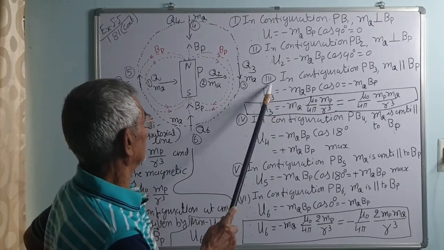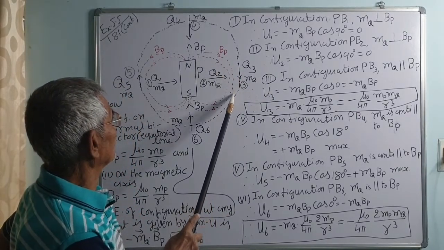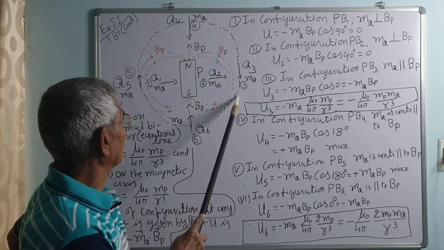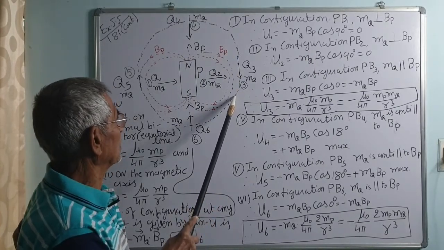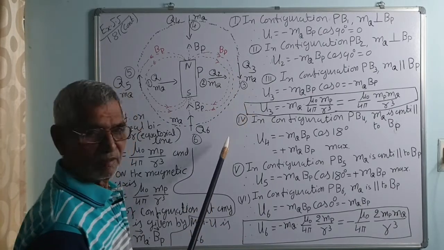Let us see others. Third, here the magnetic field is in this direction. You can draw one more line also. So they are parallel, in the same direction: the magnetic field BP and the dipole.